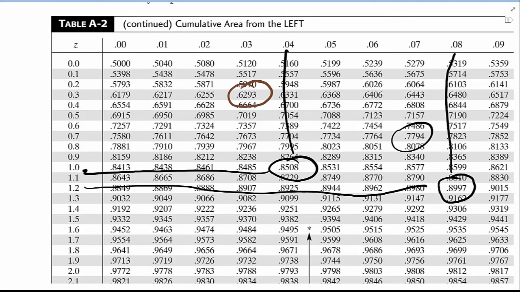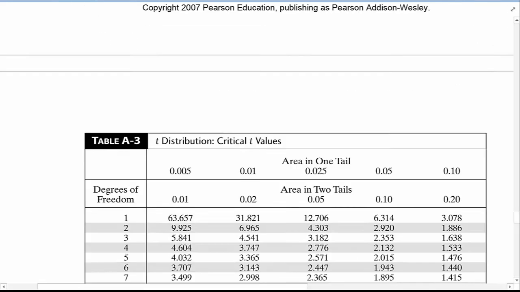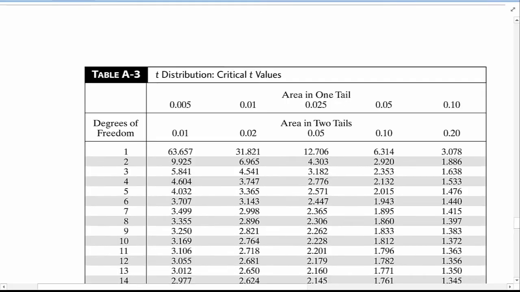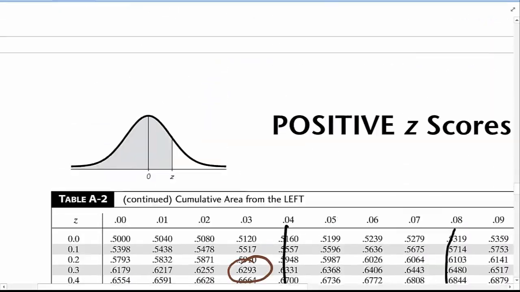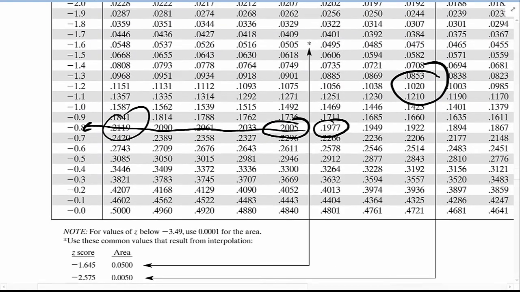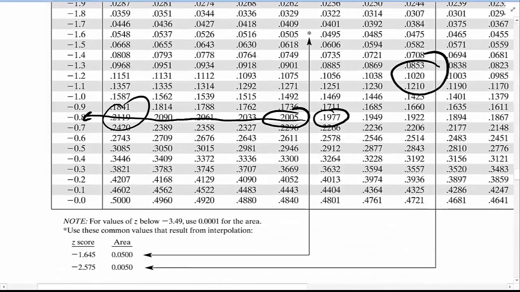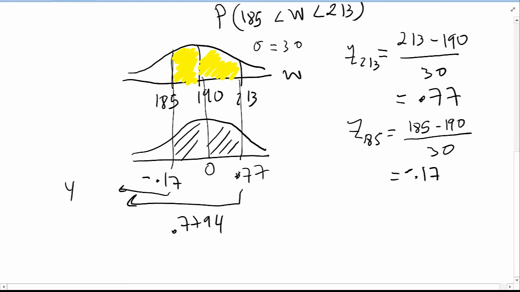The negative table at 0.17 is, 0.17, 0.10, 2, 3, 4, 5, 6, 7. That's 43.25% of the data. So this is 43.25, right?